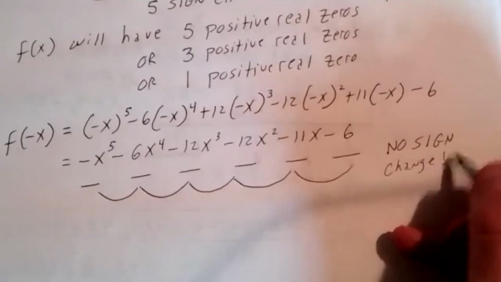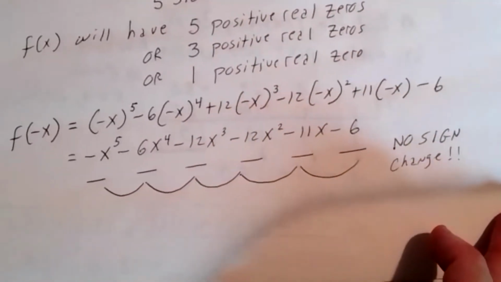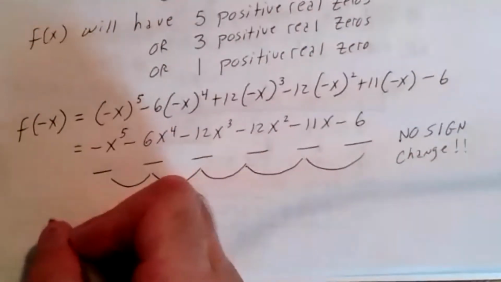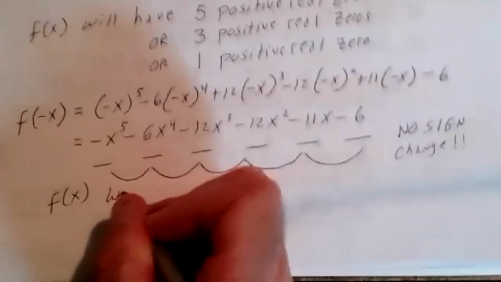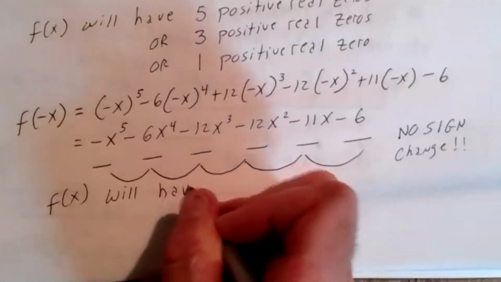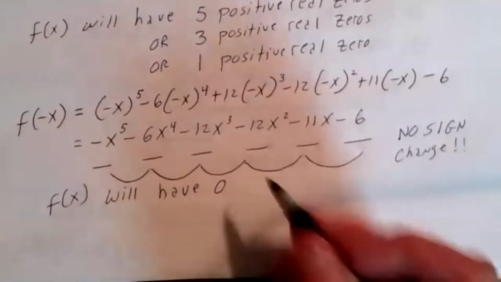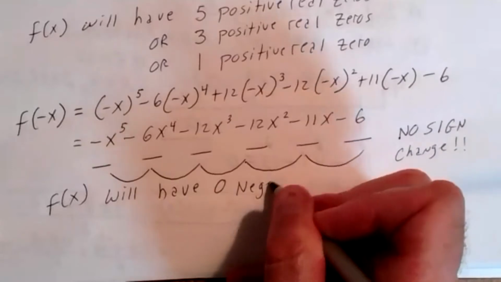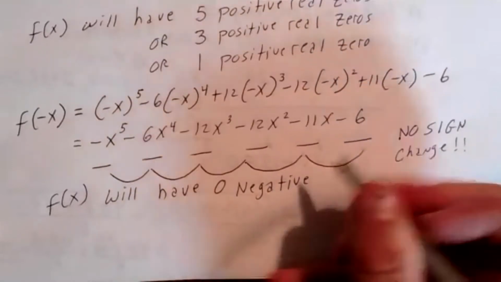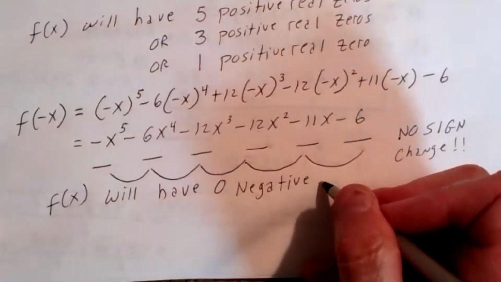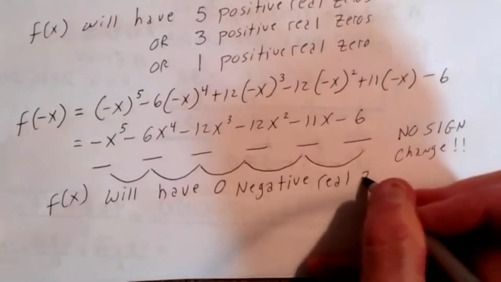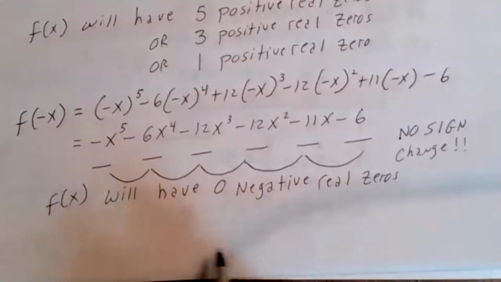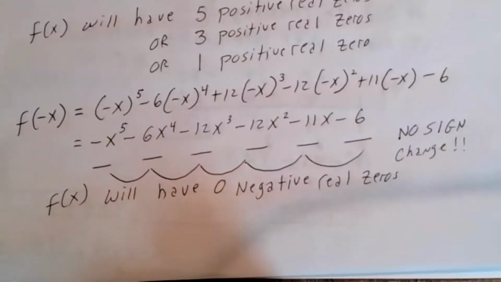And ladies and gentlemen, since there's no sign change, Descartes' rule of signs theorem guarantees that f of x will have 0, because there were 0 sign changes, 0 negative real zeros. So this polynomial function will have 0 negative real zeros. In other words, this thing's not going to have any negative real zeros.